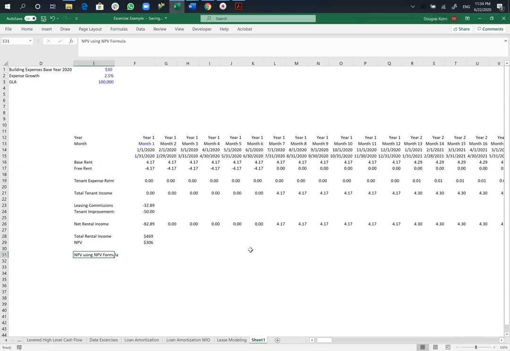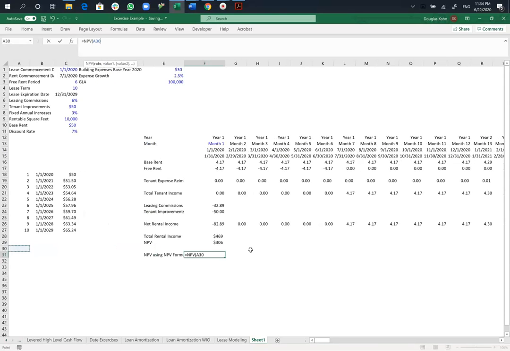So if you remember, with the NPV formula, Excel's NPV formula actually gets the present value. So in order to get an accurate number here, we need to take the NPV of the rate divided by 12.